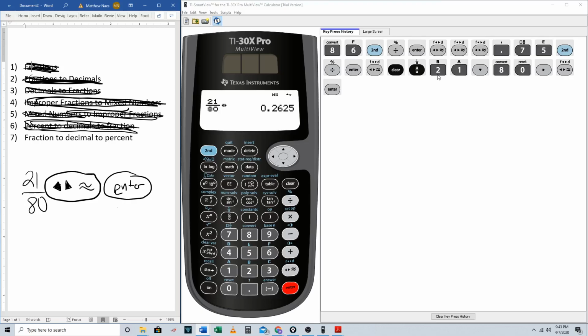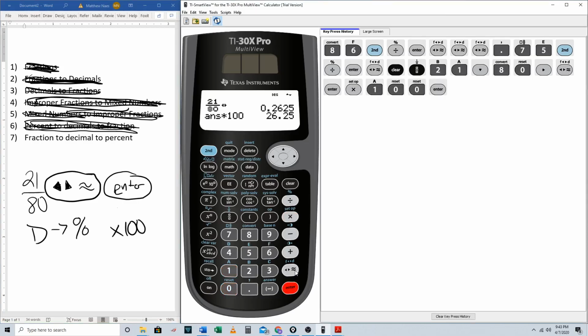Now, if we ever want to convert any decimal to a percent, we multiply by 100. It means just take whatever you have and times it by 100. So I'm just going to do times 100. So we get 26.25%.